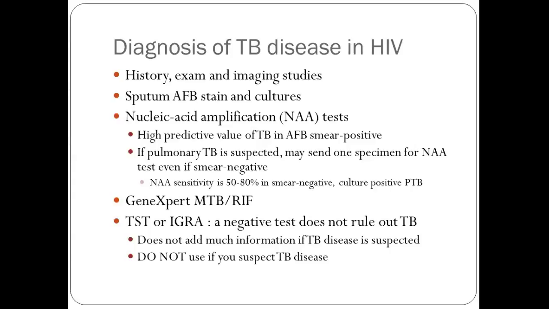But remember, this is in somebody who has a positive smear. A positive smear has a high predictive value of tuberculosis. MTB PCR positive, very good sensitivity, specificity. MTB PCR negative as well, a good specificity. However, if somebody has a smear negative, the sensitivity of the PCR is much lower.